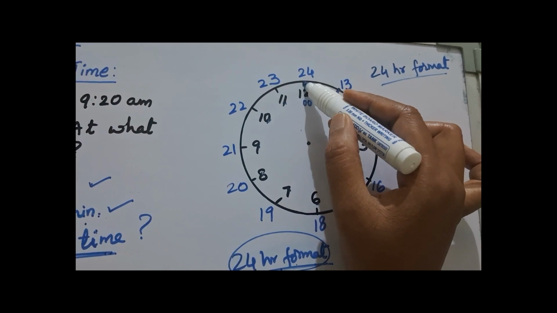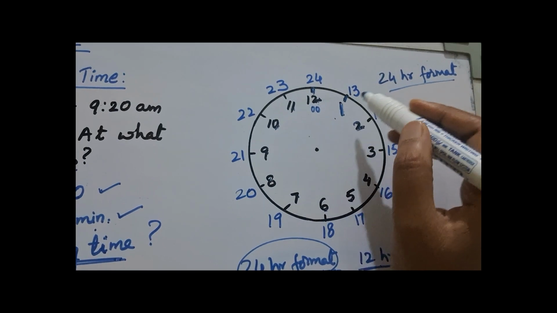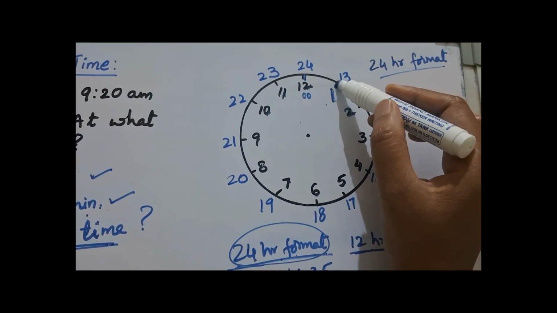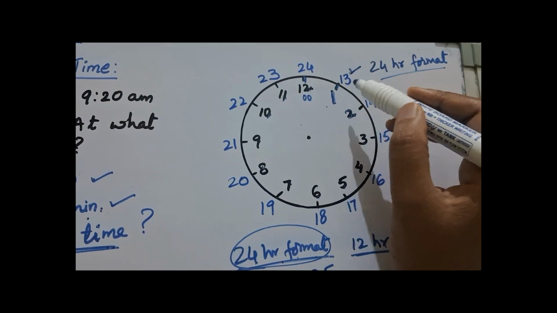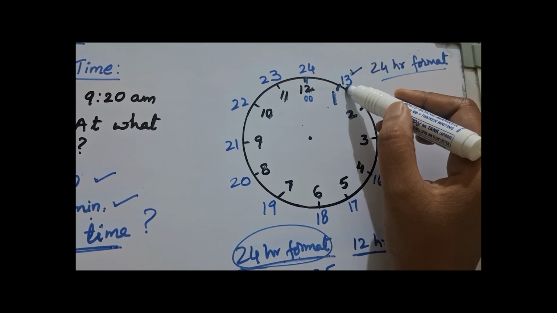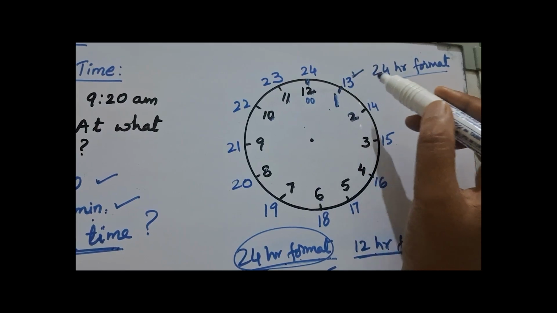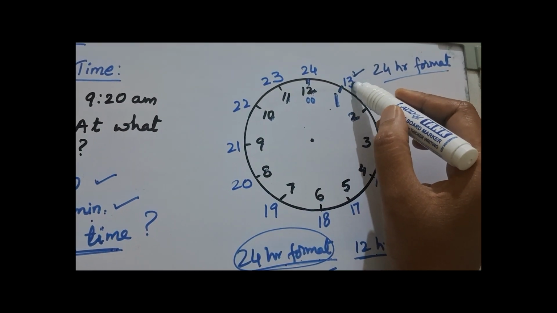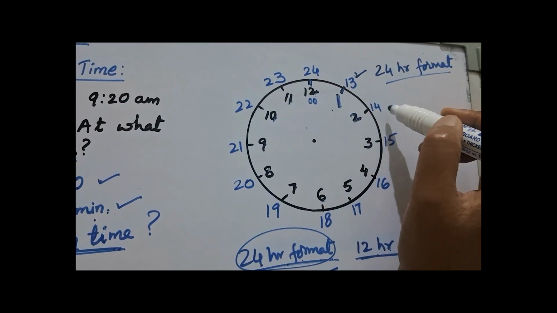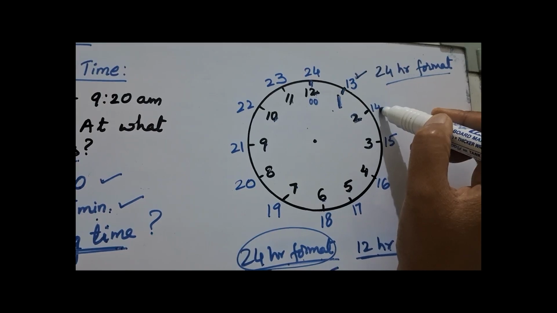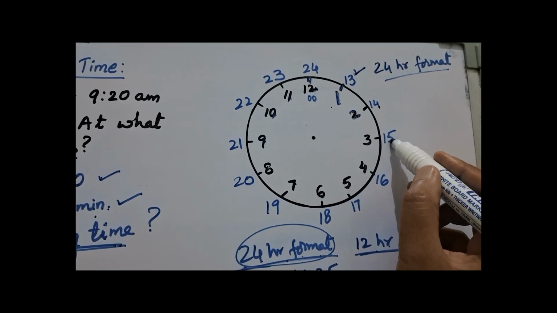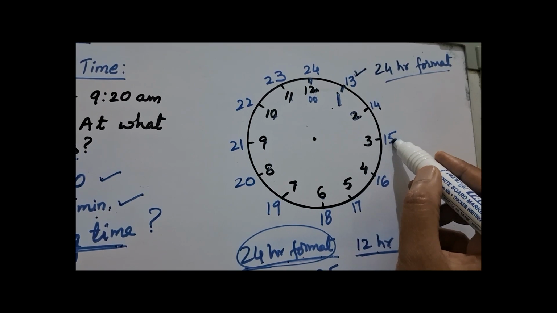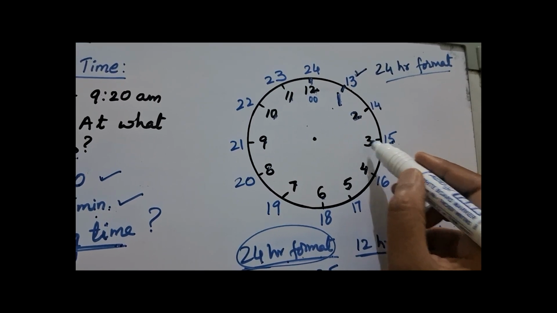Then after midday, this will be the 13th hour. So 13 means it is understood that it is midday 1 o'clock. Okay, children, so this is 13 hours, 14 hours. 14 hours means what, children? 2 o'clock. Then 15 hours means midday 3 o'clock.